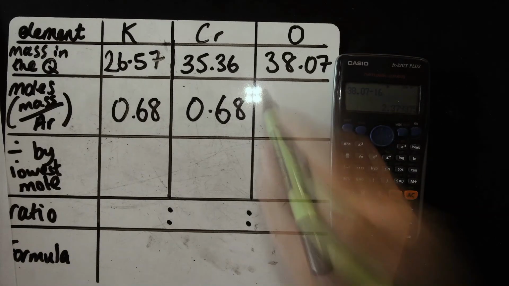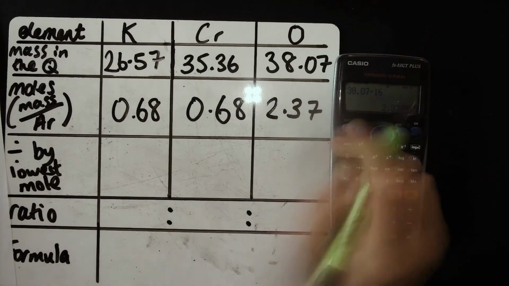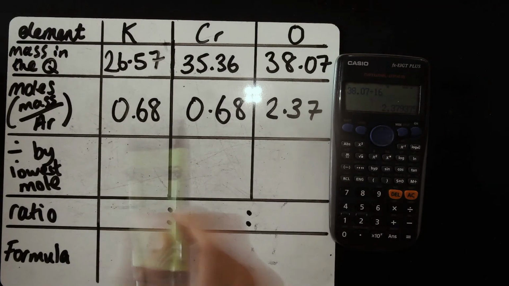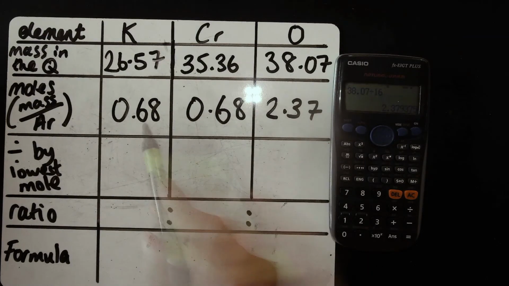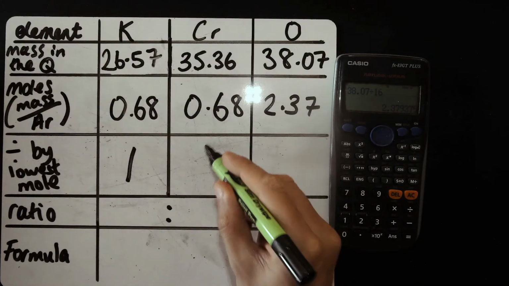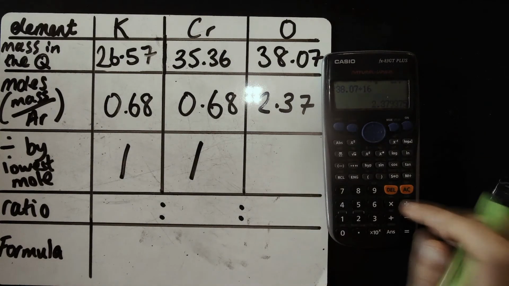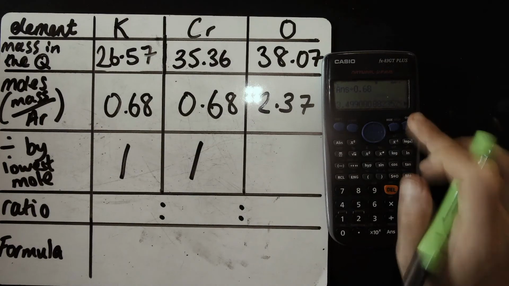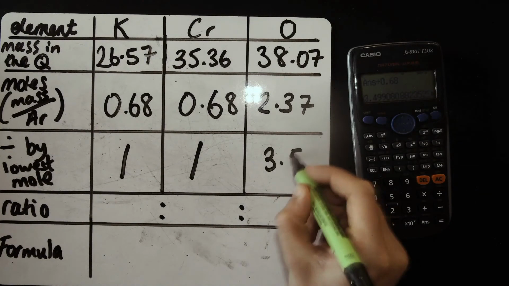That gives 2.37. Now I'm going to divide these moles by the lowest mole, so it would be 0.68. 0.68 divided by 0.68 would be 1. Same again. And then 2.37 divided by 0.68 gives 3.49, which I'll round up to 3.5.